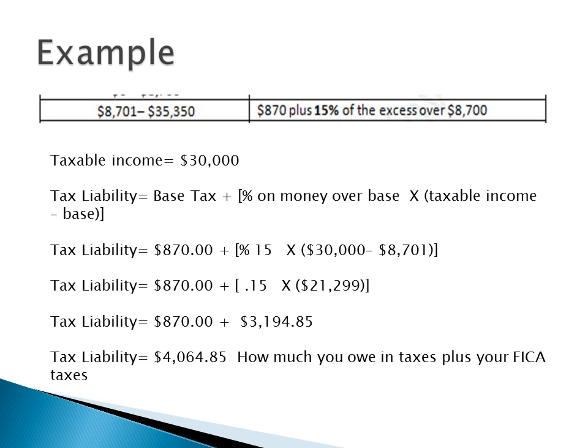You add that to that base tax, which is $870, and you find your total tax liability, which is $4,064.85. So this added up with your FICA taxes is the total amount of taxes that you're supposed to pay to the government for the year.